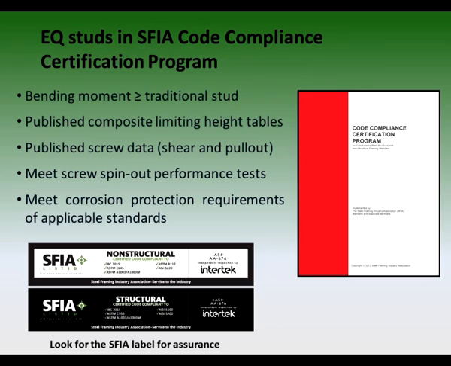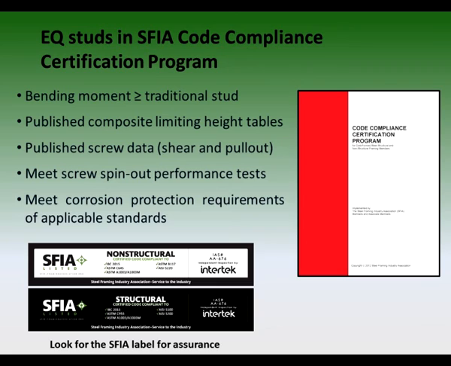An EQ stud, as defined in the appropriate standards and the SFIA Code Compliance Certification Program, must have a bending moment strength that is at least equal to that of their traditional stud counterpart, have developed and published composite limiting height tables in accordance with ICC-ES AC86 2010, have published screw data, shear and pullout, and must pass the screw spinout performance test in AISI S220, section A6.6.